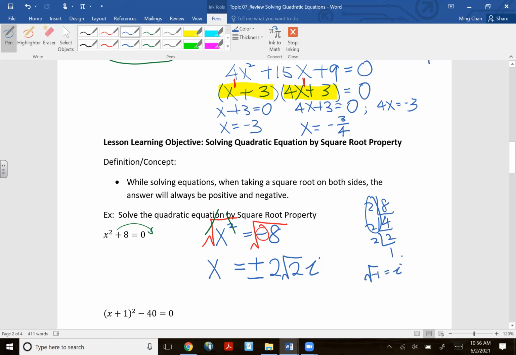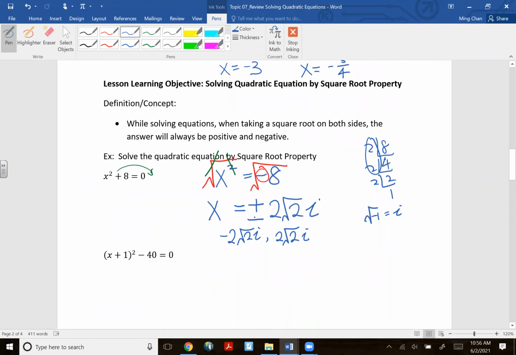So my answer is negative 2 times square root of 2 i and positive 2 times square root of 2 i. I end up with two answers, one positive, one negative. When I take a square root on both sides, make sure you remember the answer should always be positive and negative.